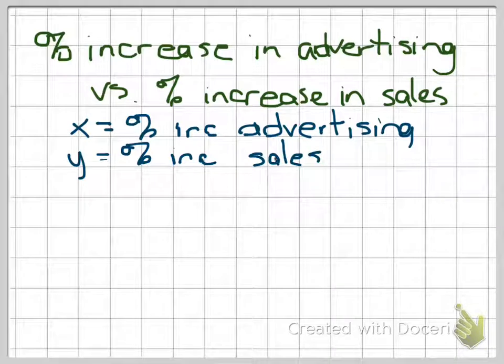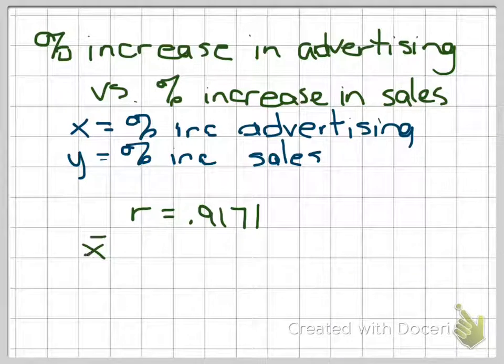Now, we happen to know some information about the percent increase in advertising and the percent increase in sales. These are the facts that we know. We know that R, or the correlation coefficient, is 0.9171. We know that the mean of x is equal to 14.7.